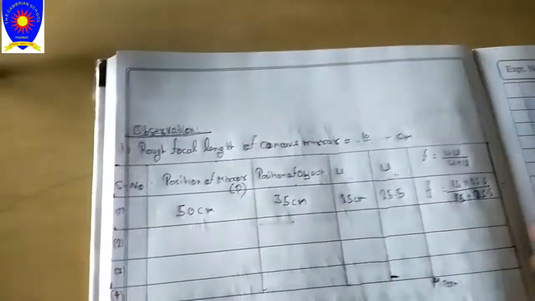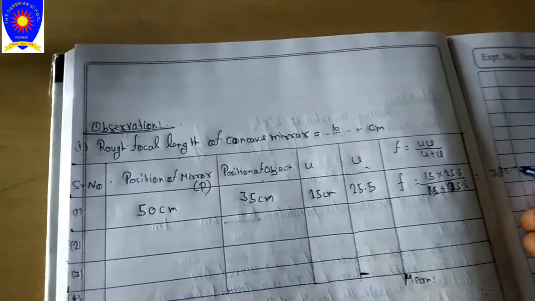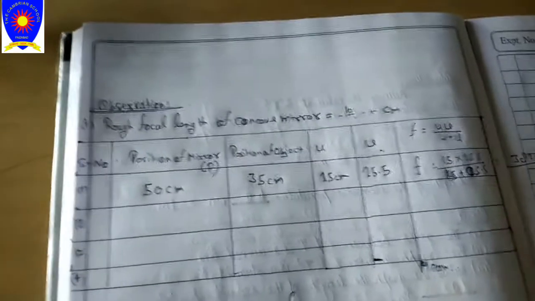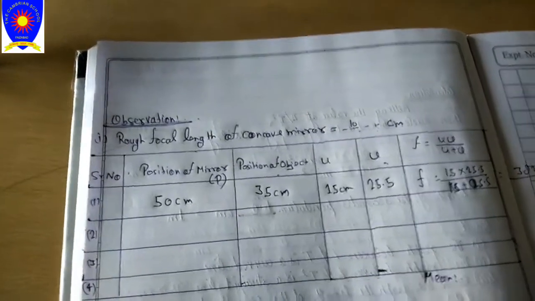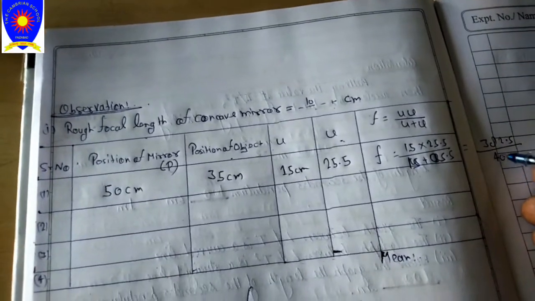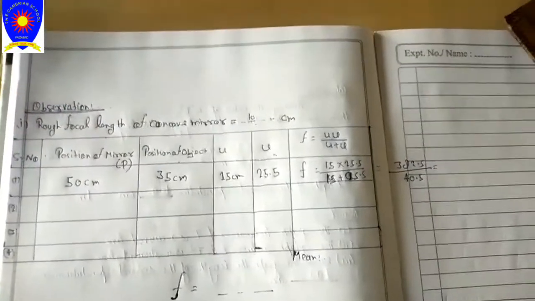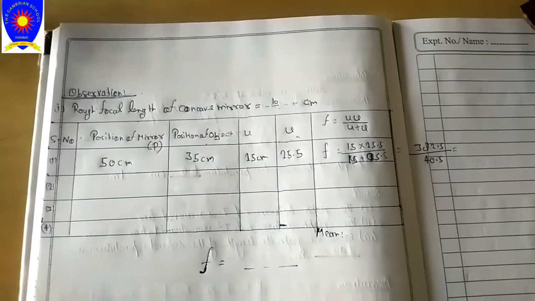So 15 into 25.5 is 382.5 upon, now add 15 plus 25.5, so you will get 40.5. Now divide this, 382.5 divided by 40.5.